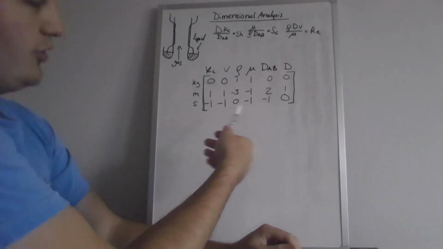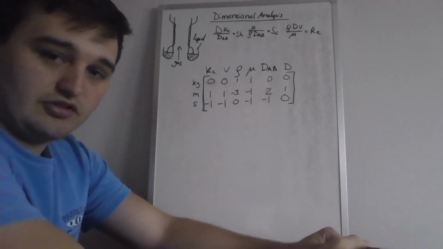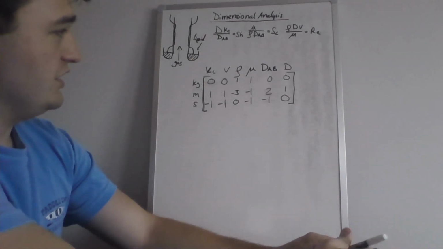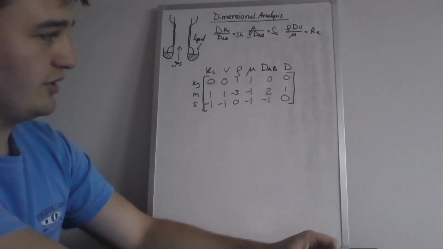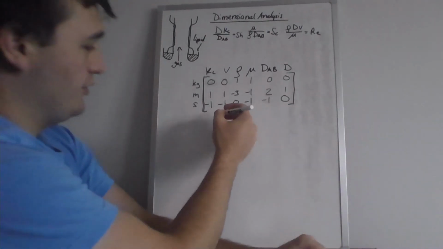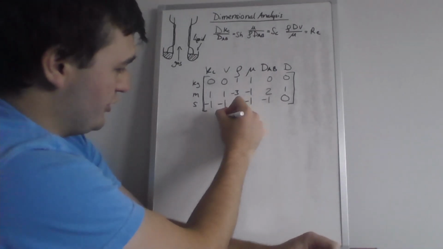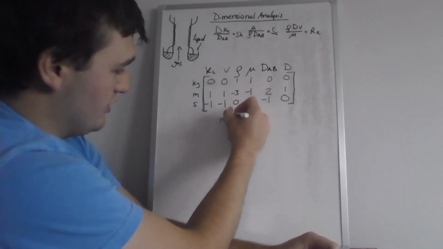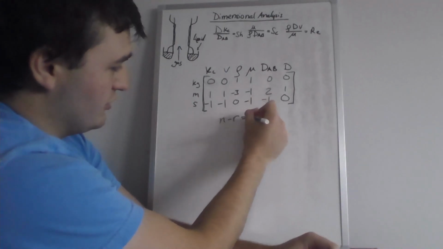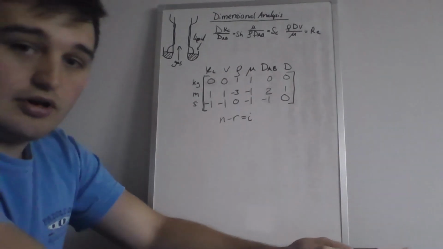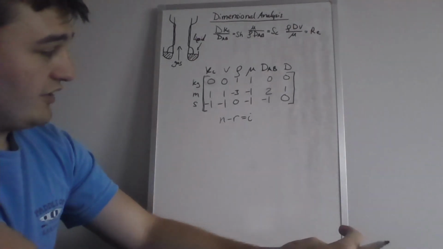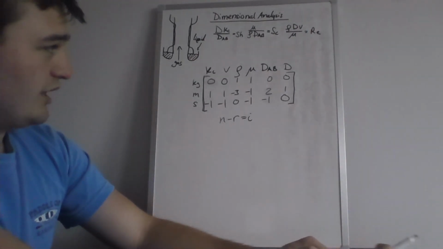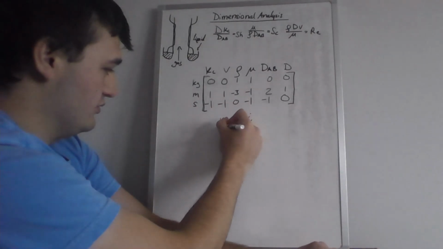Now that we have our dimensional matrix with our 6 variables in it, we need to identify the rank of the matrix, because we know that the number of variables, n, minus the rank of the matrix is equal to i, where i is the number of dimensionless groups this problem will have.